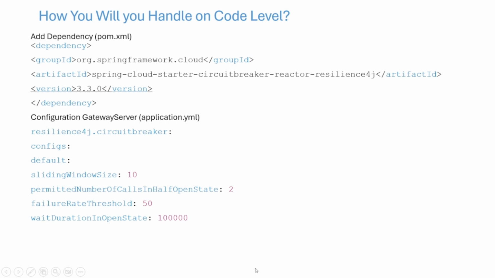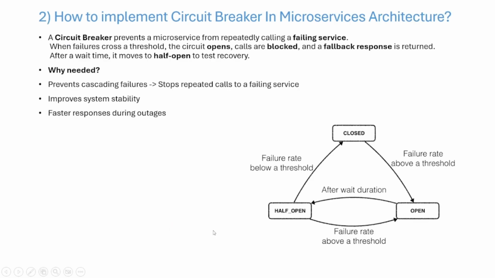The time that I have mentioned over here is 100 seconds. So that microservice will wait for 100 seconds. If the network issues or any health issues get resolved, then that microservice will go to the half open state. Still, after the half open state, after waiting for 90 seconds, if the microservices have not regained their health, the half open state goes back to the open state if again the failure rate is above the threshold.